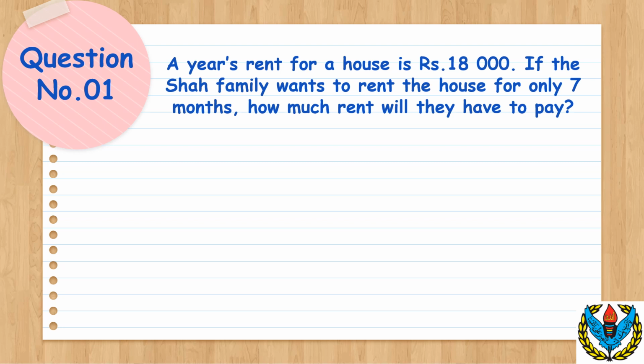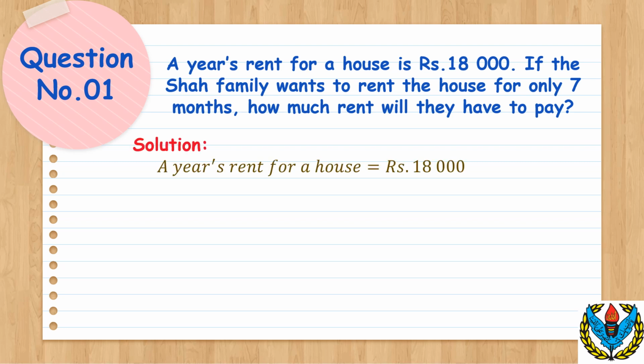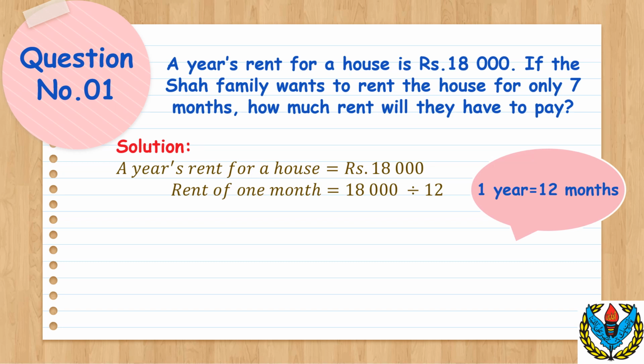Now you have to find out what will they pay only for 7 months. A year's rent for a house is 18,000 rupees. 1 year is 12 months. We are given the rent of 12 months, that is 18,000 rupees.